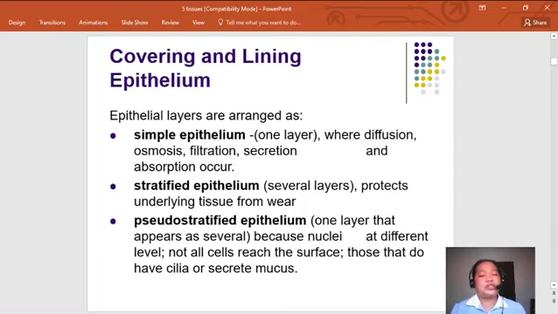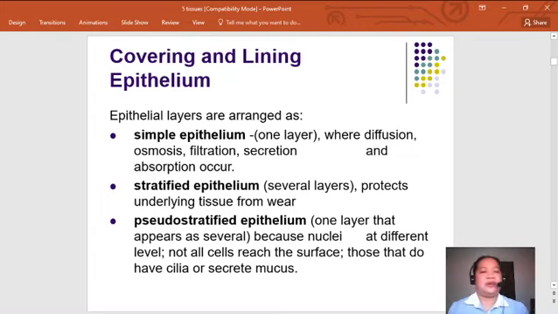And we have pseudostratified epithelium. It is actually a single layer, but the cells appear to be in multiple layers. When you look at the attachment of the cells to the basement membrane, all the cells are attached to it, so it only consists of one layer.